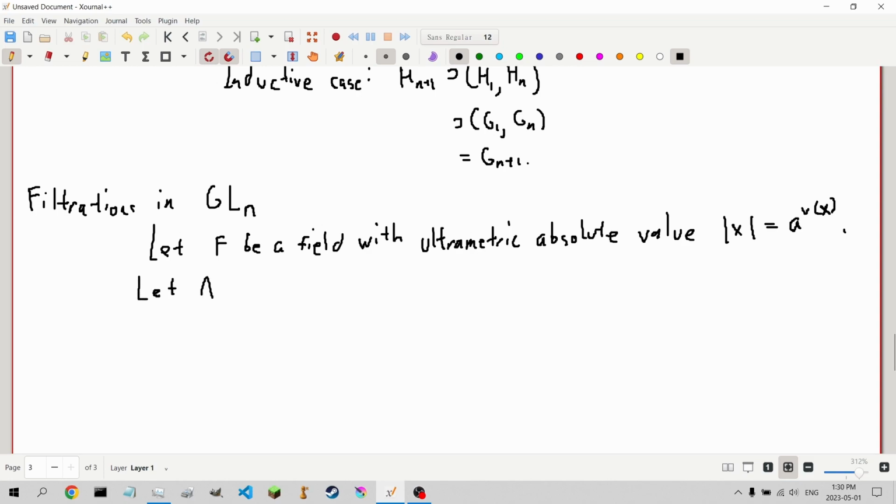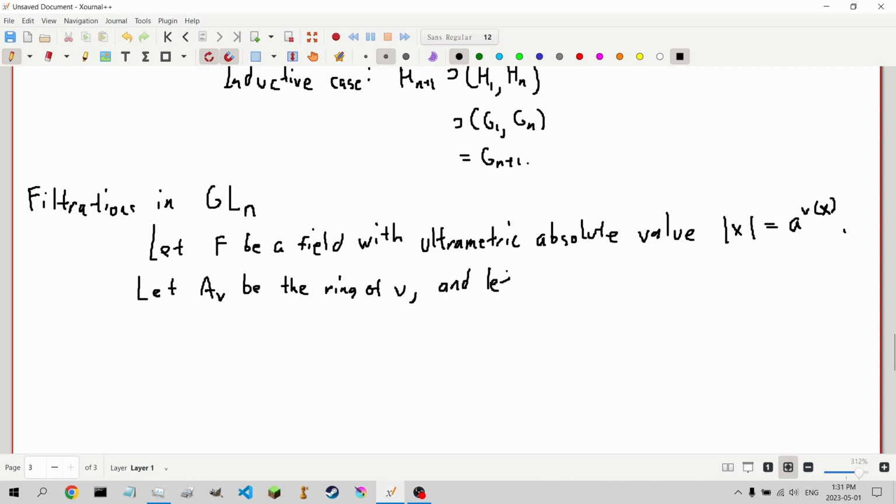We're going to let AV be the ring of V. So V is coming from this ultrametric absolute value of some sort. This is like the valuation, I'm thinking, maybe. Don't take my word on that.